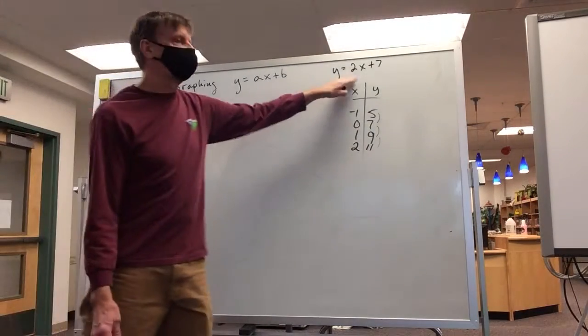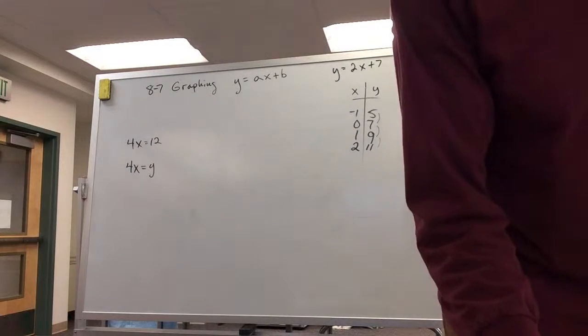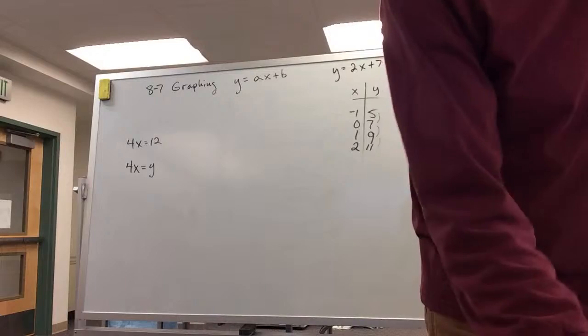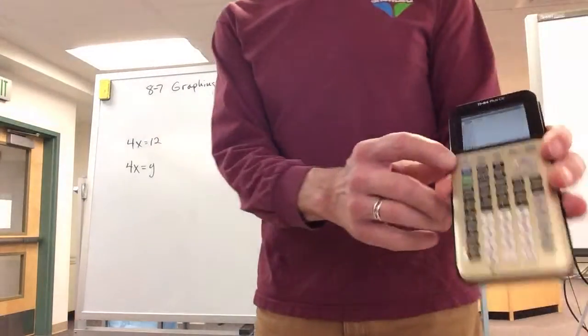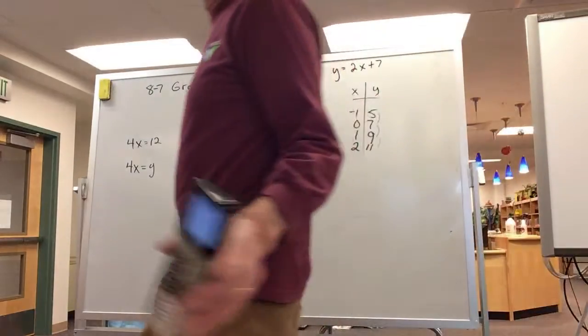So put this into your graphing calculator. Do you remember where that all goes? All right, so you're turned on, go to the upper left-hand corner, way up top, the little thing that says y equals. If you have any equations in there, clear them.